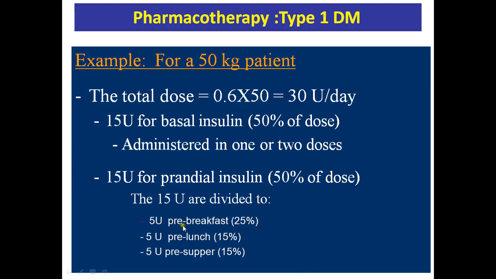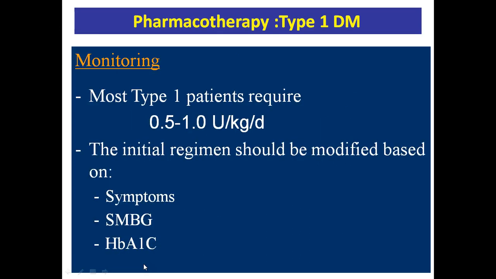So that means 5 units for pre-breakfast, 5 units for pre-lunch, and 5 units for pre-supper. The old regime used 25%, so you do not follow that. It's 15-15, it has to be equivalent. So 5 units pre-breakfast, 5 units pre-lunch, and 5 units pre-supper.